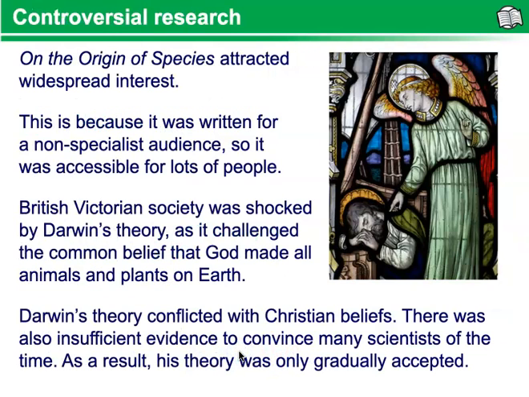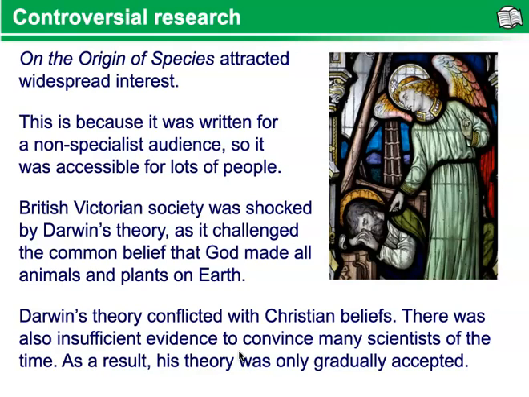It was very controversial at the time. On the Origin of Species attracted widespread interest. This is because it was written for a non-specialist audience, meaning that it was written for people that were not necessarily scientists. So it was accessible for lots and lots of people.